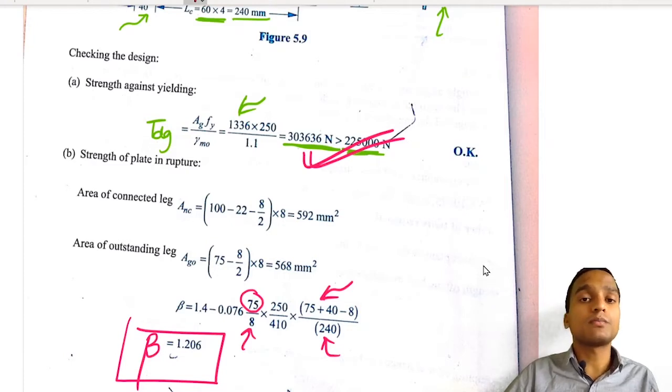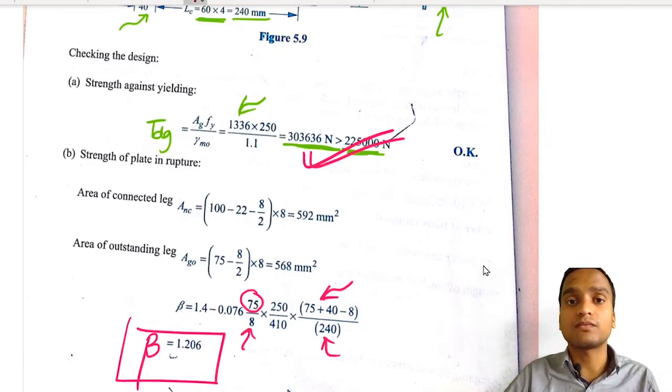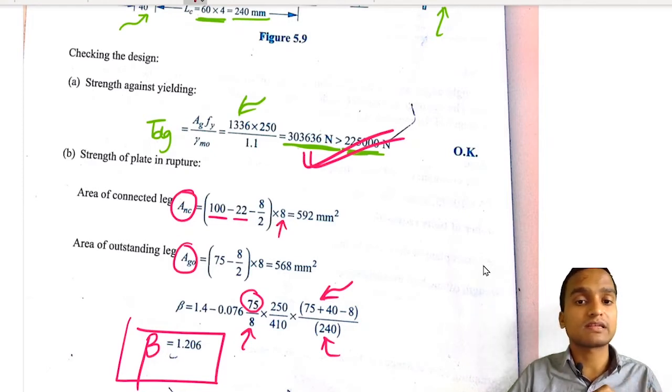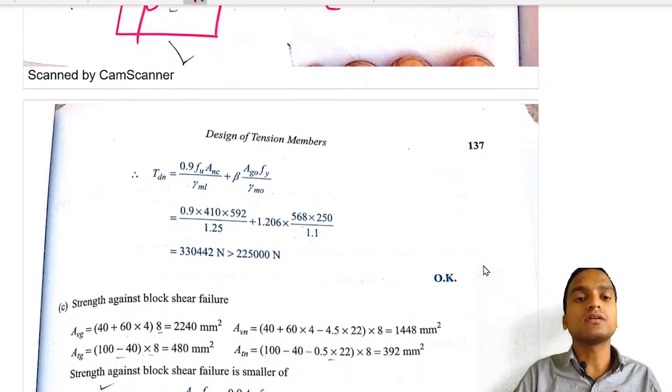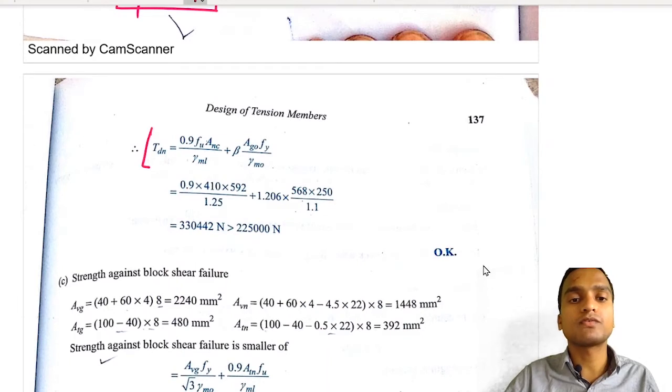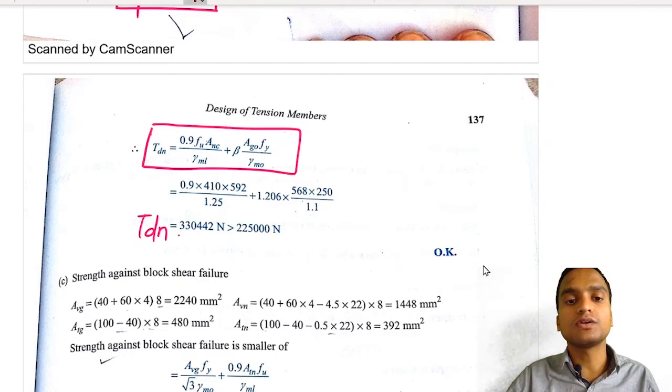Now we have to calculate the value of Tdn, and for that we have to calculate the value of Anc and Ago. Anc can be calculated as the net area of the connected leg. So 100 mm is the leg length of the connected leg, and 22 mm is the diameter of bolt holes, minus 8 by 2 due to rounding, multiplied by the thickness of the angle section. Similarly we calculated Ago, and using all these values in the formula of Tdn, we get the value of Tdn equal to 330 kilonewton.